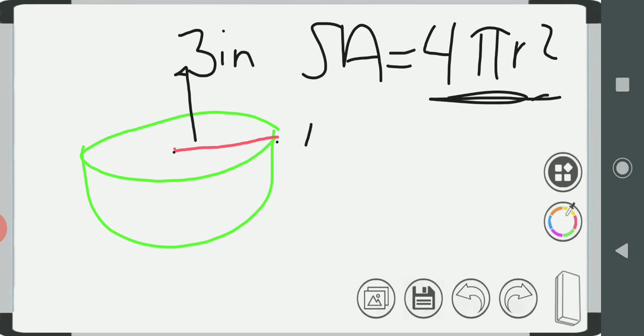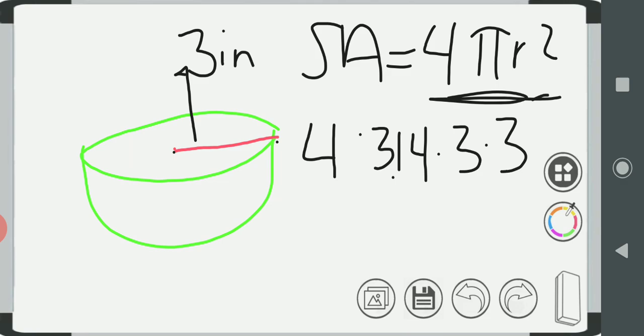So 4 times 3.14 times 3 times 3. Now you can put the 3 squared into your calculator, but my phone doesn't do that so well.